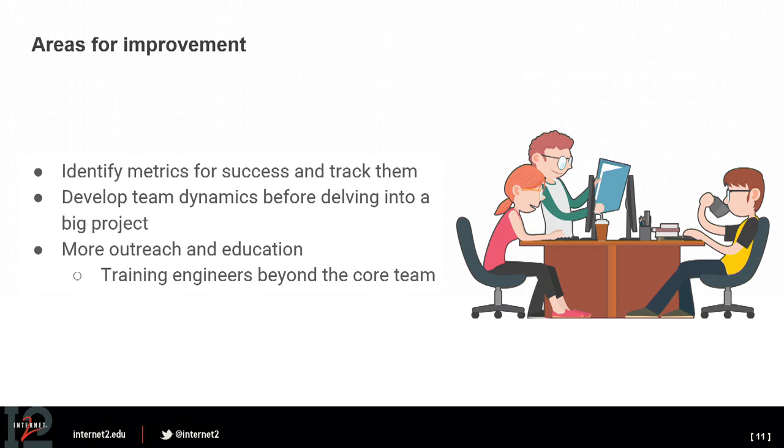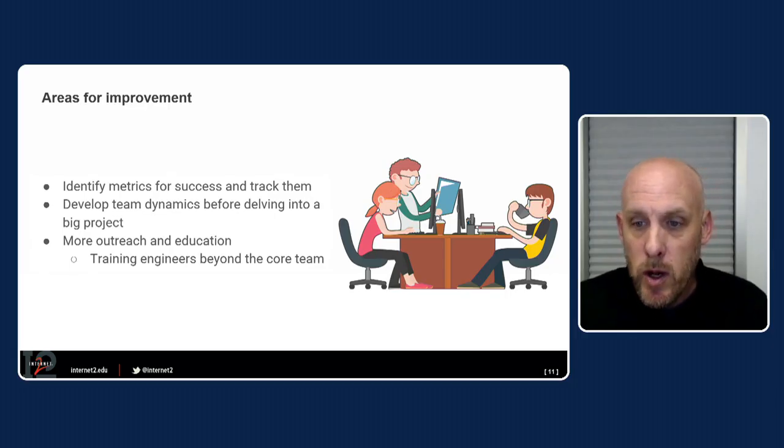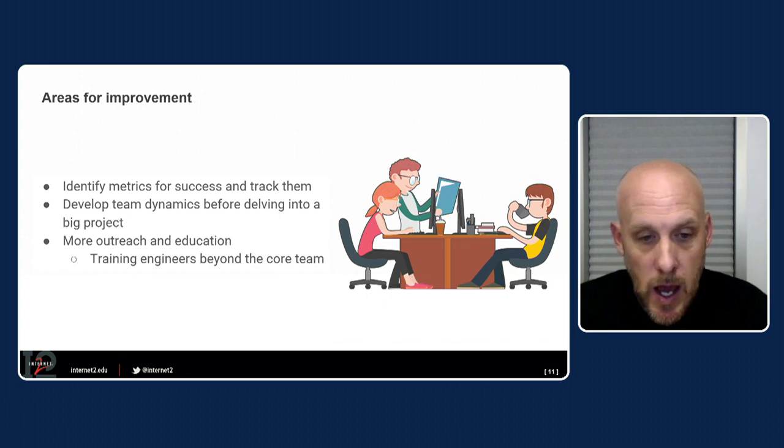Another one my boss has mentioned multiple times is developing team dynamics. Again, our team was really spun up for this project. We're a team now going forward. We have a lot of other work, but we brought a lot of people together and immediately threw them into NSO and other automation efforts. And it worked really well. We have the right people, but it still would have helped to try to develop those dynamics.